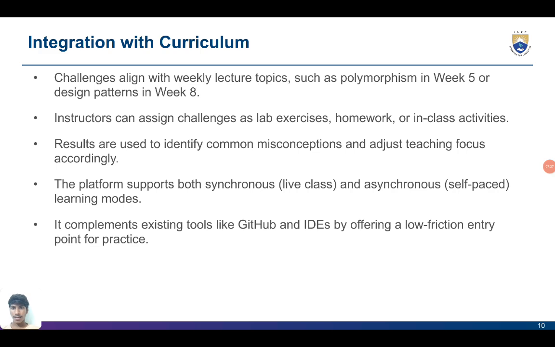Integration with curriculum. Challenges align with weekly lecture topics such as polymorphism in week 5 or design patterns in week 8. Instructors can assign challenges as lab exercises, homework, or in-class activities.